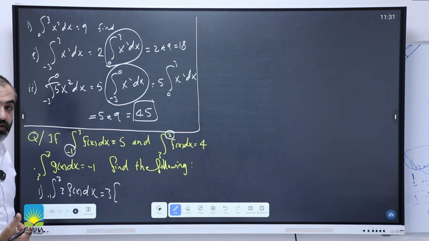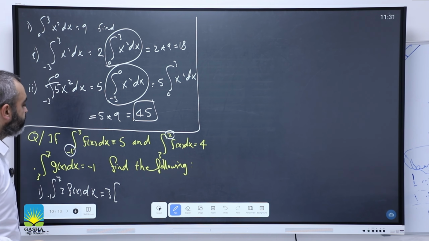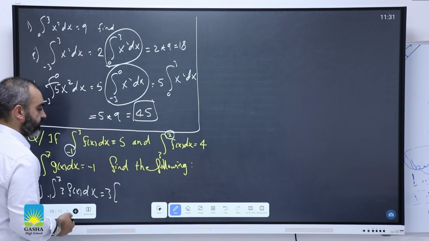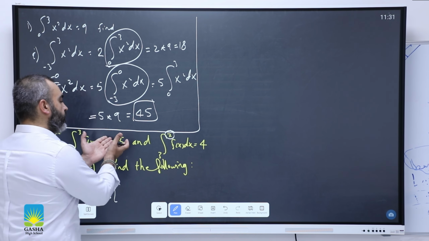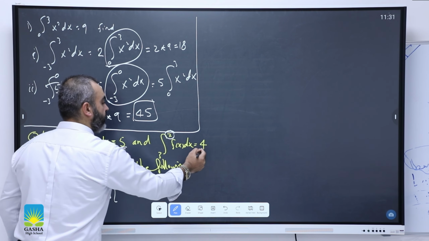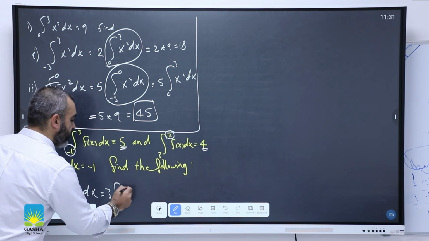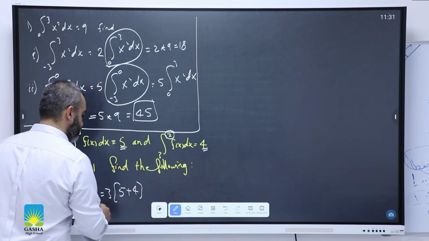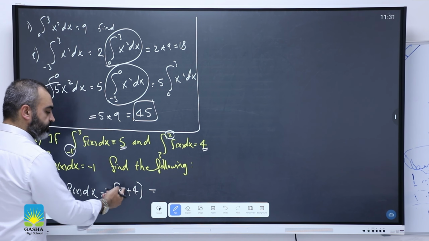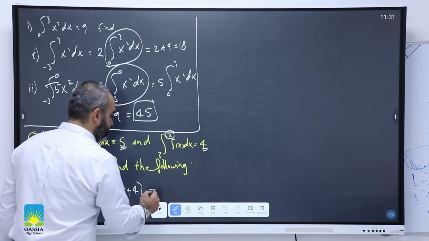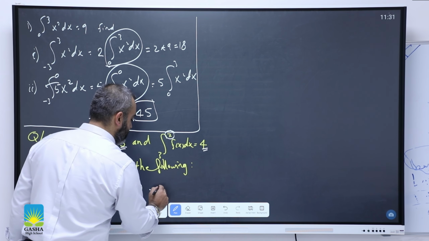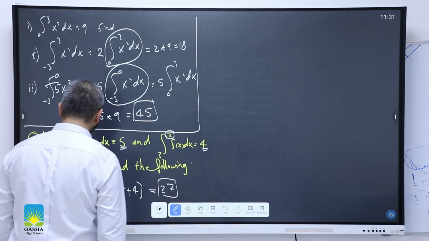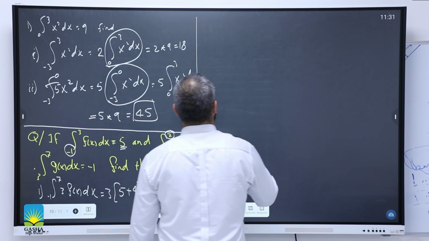And we use the third property about the definite integral. The third property says we add the result of 5 and 4. So 5 plus 4 is 9. 3 times 9, it's 27. So this is the first.